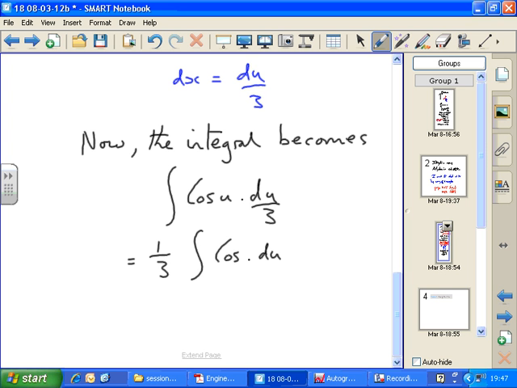Because now, cos u du. So now I'm going to do my integration. And this is a standard integral. What's the integral of cos u? Sine u. So the answer is, I've run out of room.